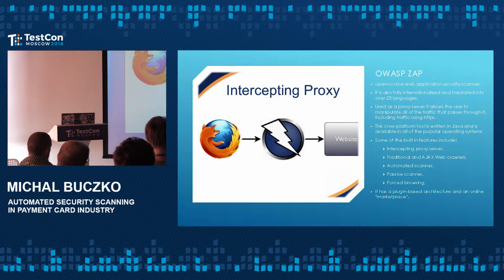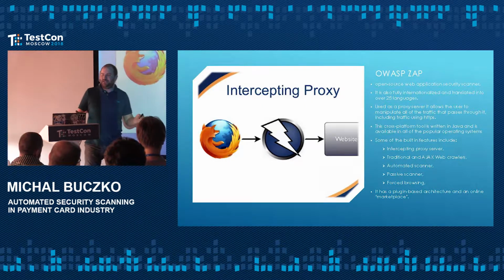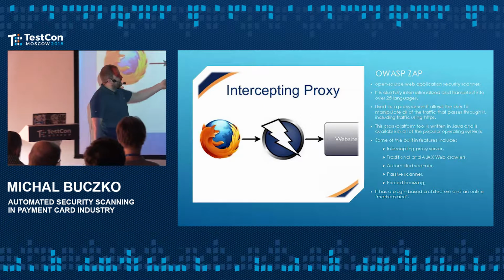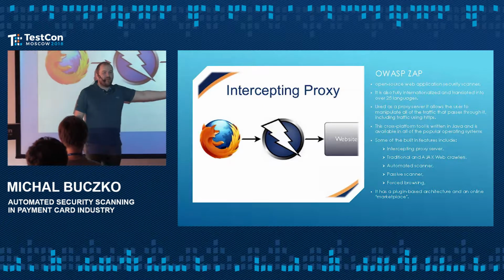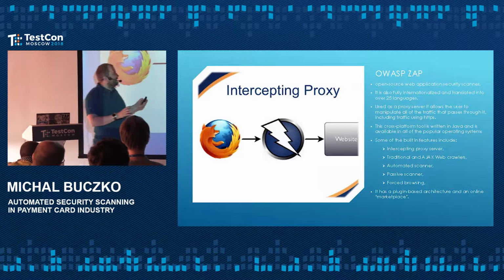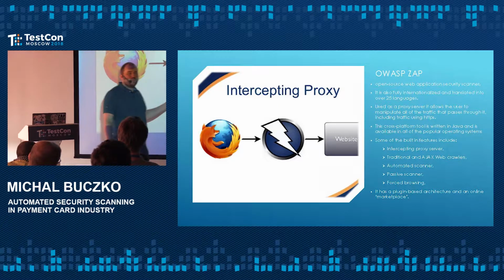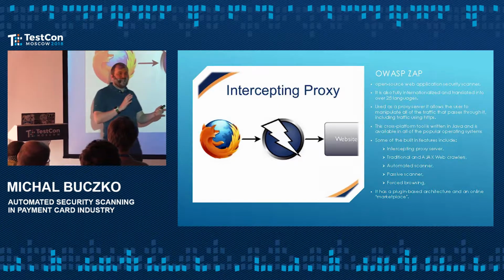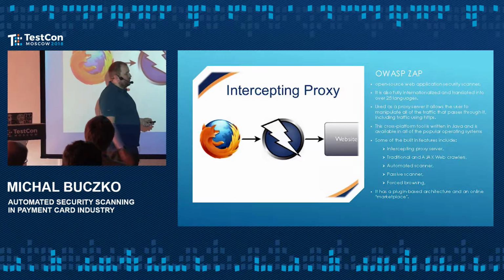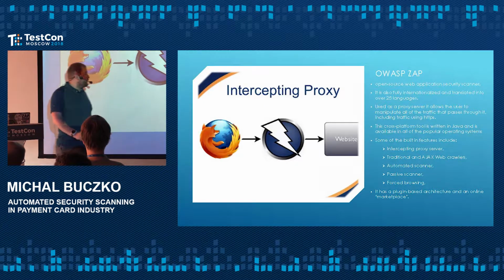So the security scanner is scanning everything that happens in between. It's a man in the middle between the browser and the server. It collects all the data that goes through it, and then it allows you to interpret it, to run a bit of tests against it, and to do the first level of scanning and give you the first level of results, how secure your application is.